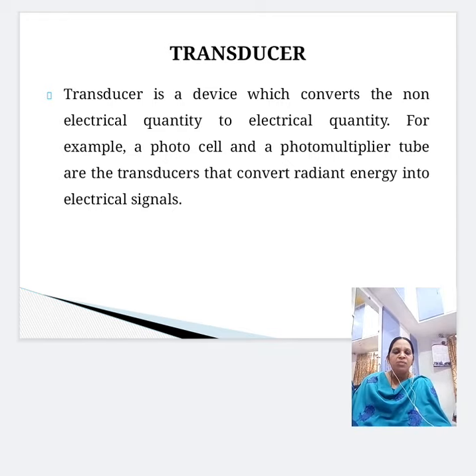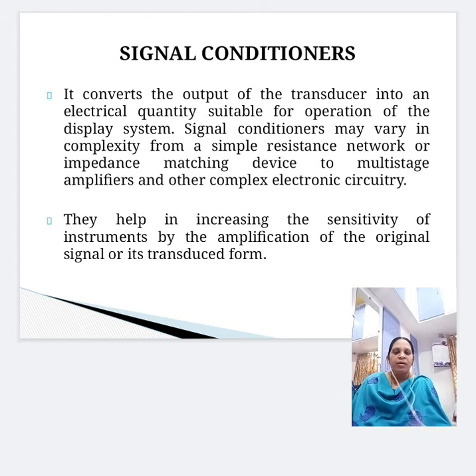The next block of the basic block diagram of analytical instrumentation is your signal conditioner. The signal conditioner converts the output of the transducer. The output of the transducer is a very weak signal, so it may not be sufficient to drive your output device. So you need to condition your signal. You need to do some manipulation of the signal produced by the transducer.